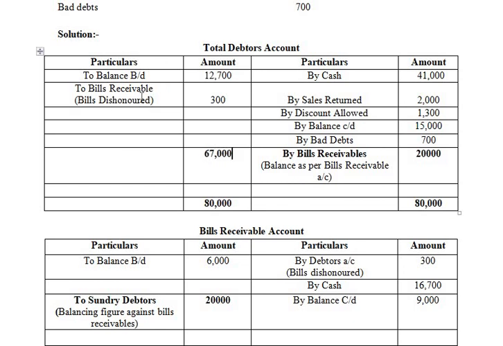So this 67,000 is nothing but credit sales. I'll just bold this. In the bracket, what will be the narration? Balancing figure.